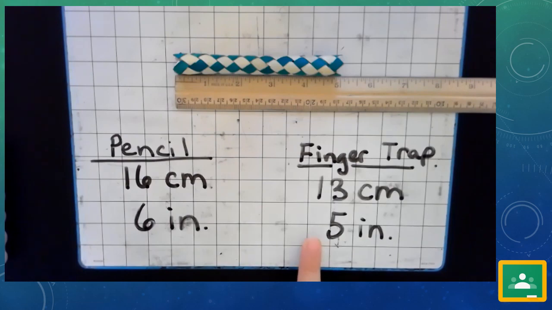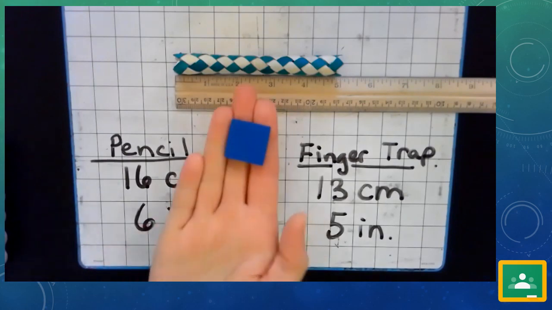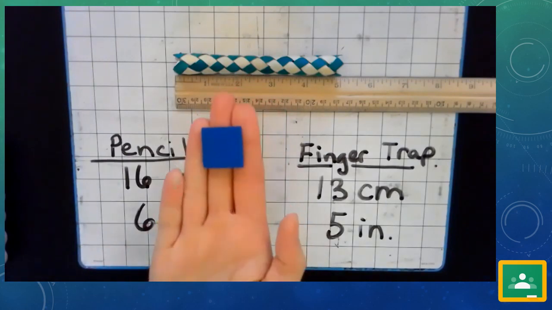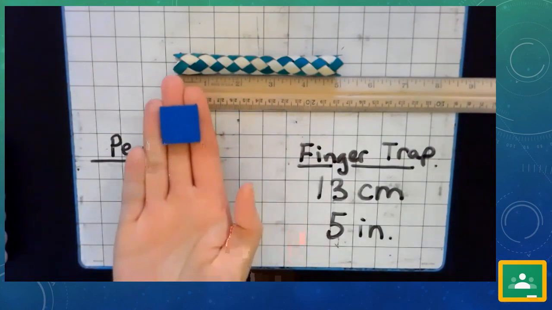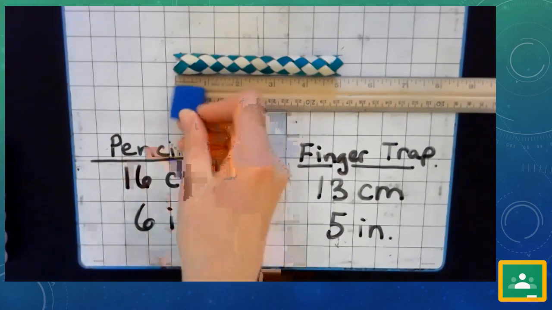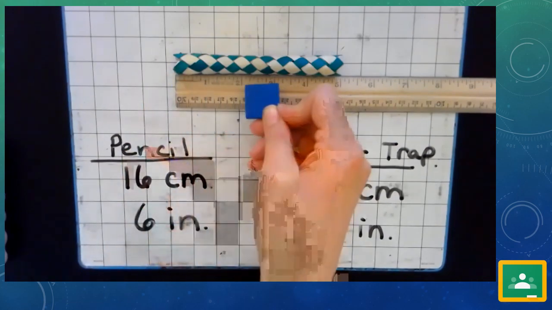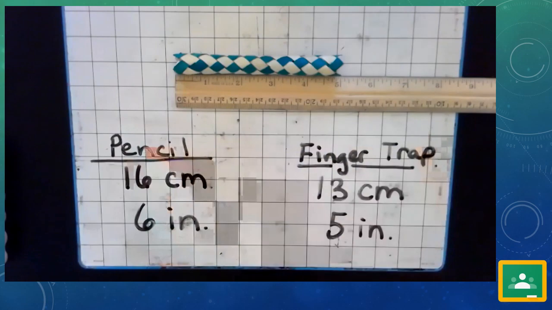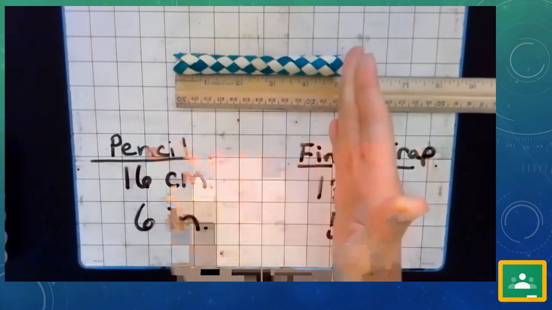The reason we need less inches is because inches take up more space. And when I keep using that same unit over and over and over again, I'm able to take up more space of this finger trap.